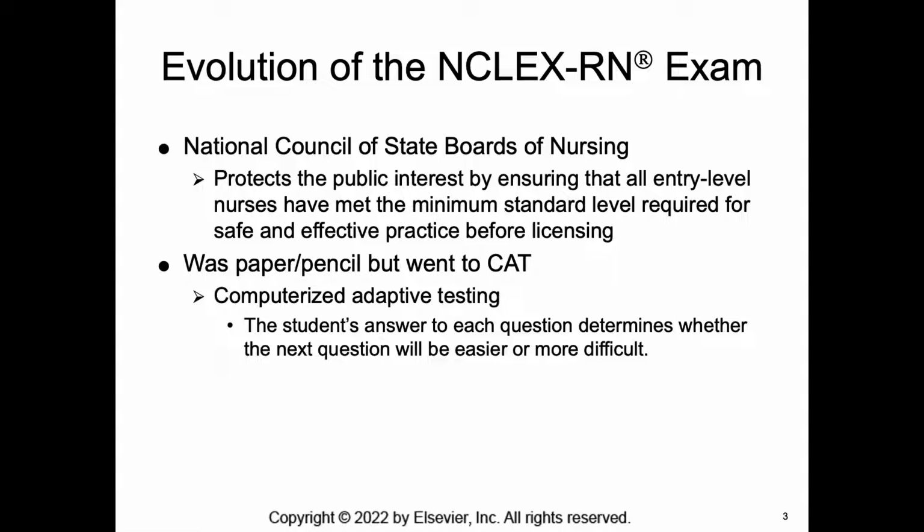So that's their goal. Their goal is through this cognitive test to ascertain that you as a nurse will practice safe, competent care. And once the computerized adaptive test determines that you are able to practice safe, competent care, they will issue you a license.